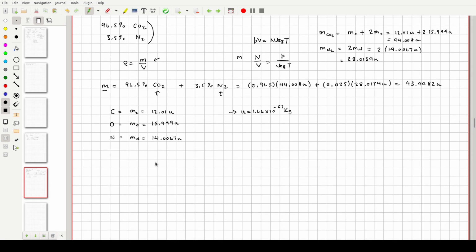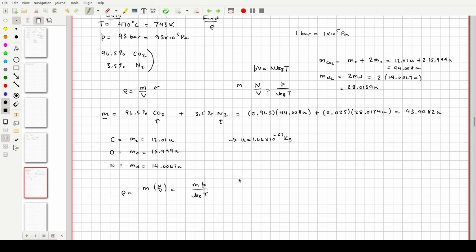So the density here is what you get when you take that mass and multiply it by N over V, which is what you get when you take that mass, multiply it by the pressure, and divide by Boltzmann's constant and T. Here, that's 43.4482 atomic mass units, noting that one atomic mass unit is 1.66 times 10 to the minus 27th kilograms.